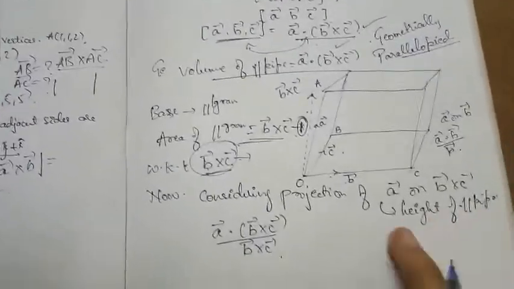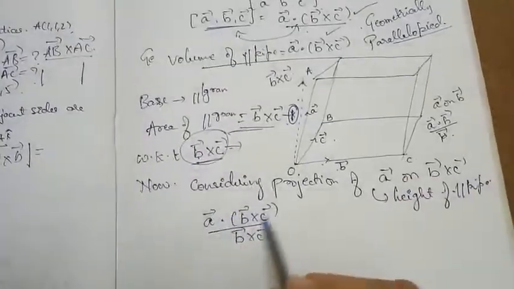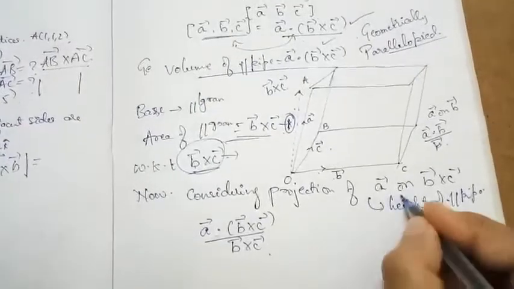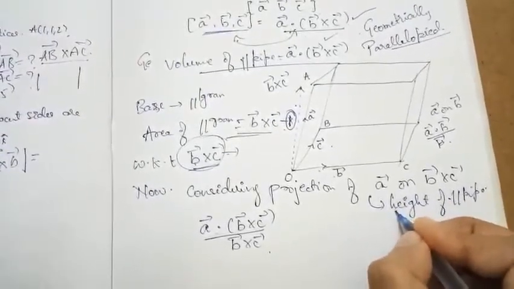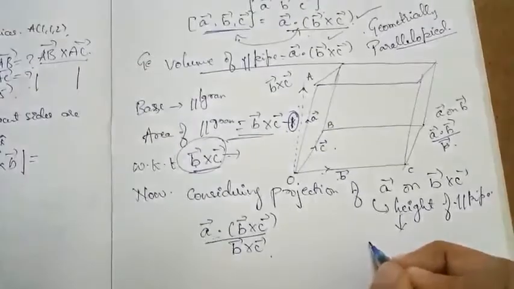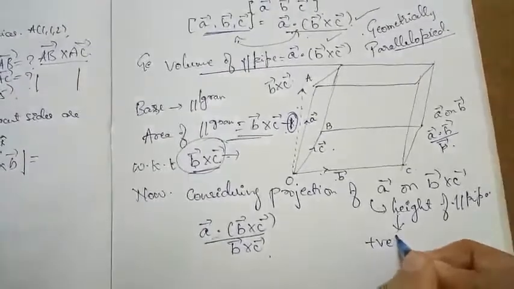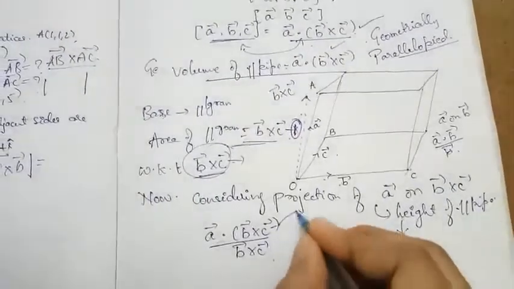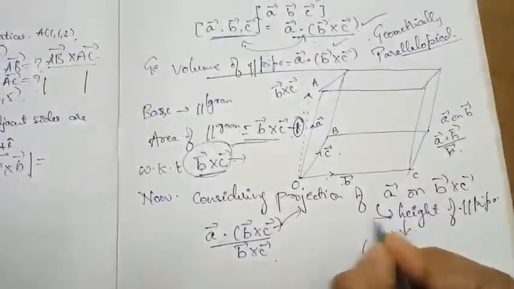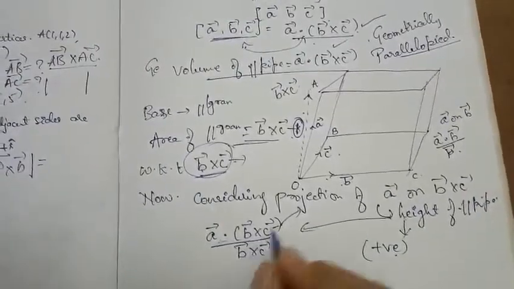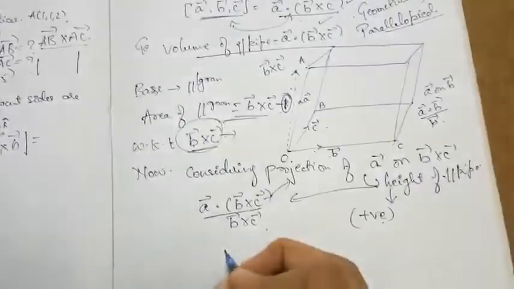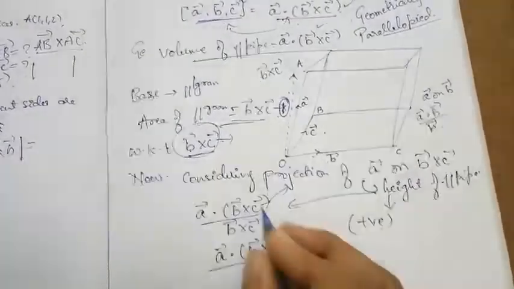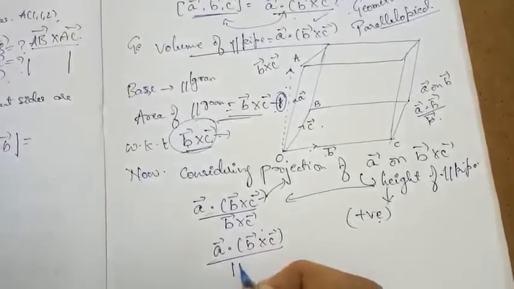Since the projection here represents the height of a parallelopipe, and the height cannot be negative, it is always positive, I am considering the magnitude or modulus of this projection of vector A on vector B cross C.